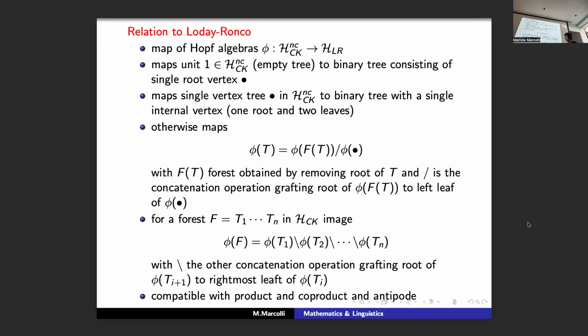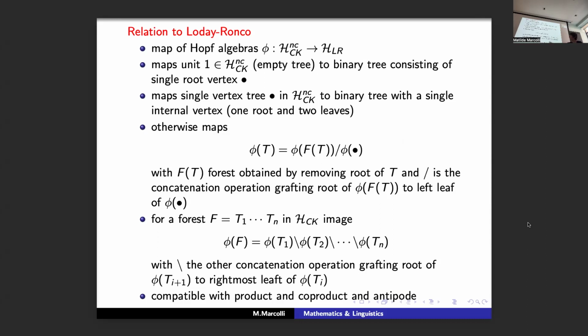So this looks kind of strange, but it's designed in such a way that it will be compatible with product and coproduct. The product on the Connes-Kreimer side is just the disjoint union for forests. And it's non-commutative just because I'm taking care of the planar structure, but it's just a disjoint union of the components.